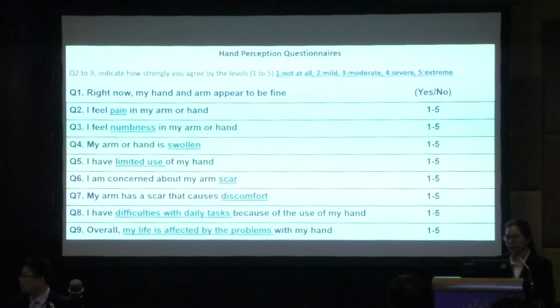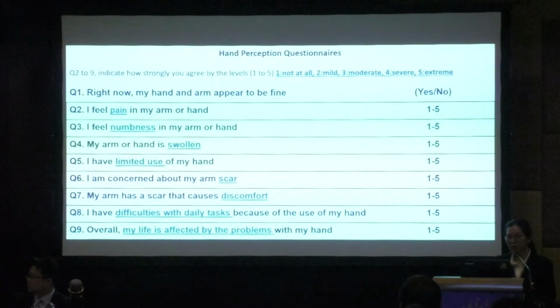When the patients came for follow-up more than 12 months after operation, they were asked to complete questionnaires about harvest hand perception. The questions are related to the perception of complications such as pain, numbness, swelling, scar, and others.